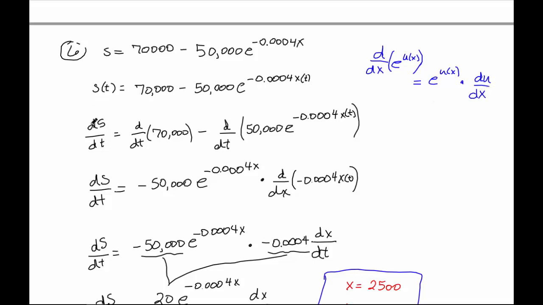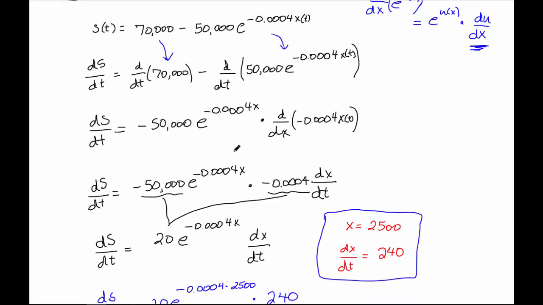All right, so dS/dt is easy. I got the derivative of the 70,000. I then have the derivative of the 50,000 e part. Well, the derivative of the 70,000 is 0. That's nice. And then I've got this piece. So the derivative of this piece, 50,000 sits there, e to the function, but then I've got times the derivative of that exponent. I got this little piece here on the end.